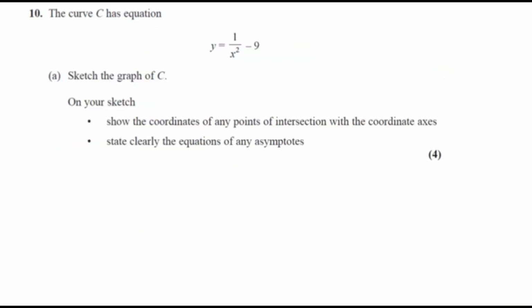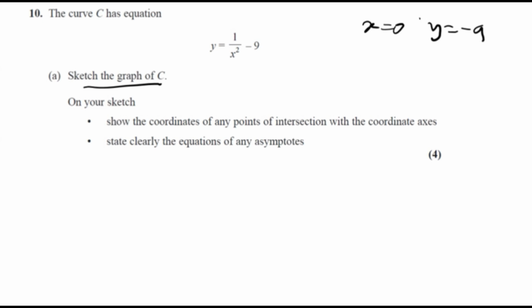The curve C has equation y is equal to 1 over x squared minus 9. Sketch the graph of C. But to sketch the graph, we need the points which intersect the x and y axes, and we need an asymptote as well, because this is a reciprocal graph. So first, if you substitute x is equal to 0 you will get y is equal to minus 9.